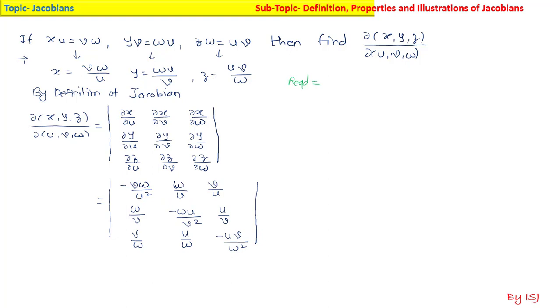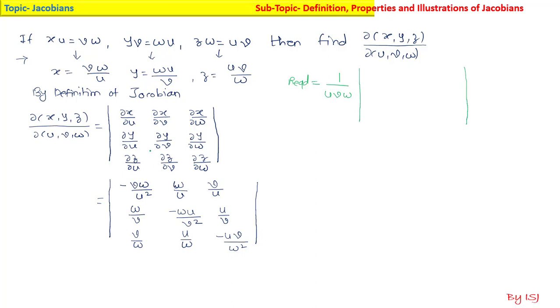Here you can see from the first row we can take 1 upon u common. Similarly from the second row 1 upon v, and from the third 1 upon w. So it is equal to 1 upon uvw into the determinant.